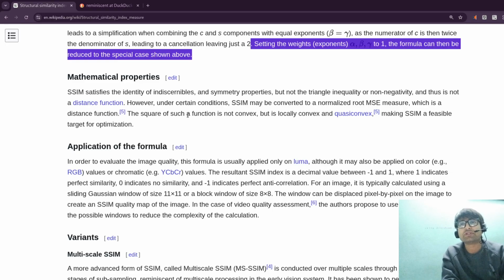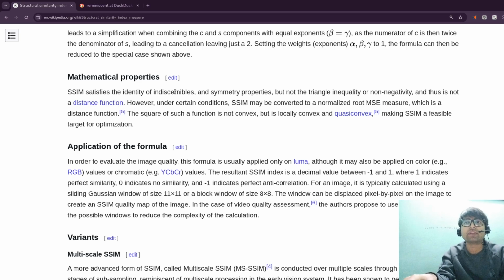Mathematical properties: SSIM satisfies the identity of indiscernibles and symmetry properties, but not the triangular inequality or non-negativity, and thus is not a distance function.